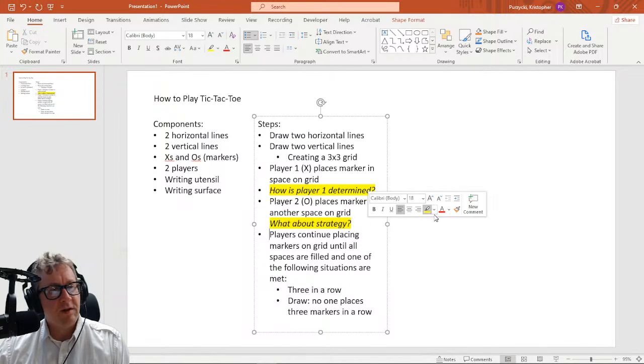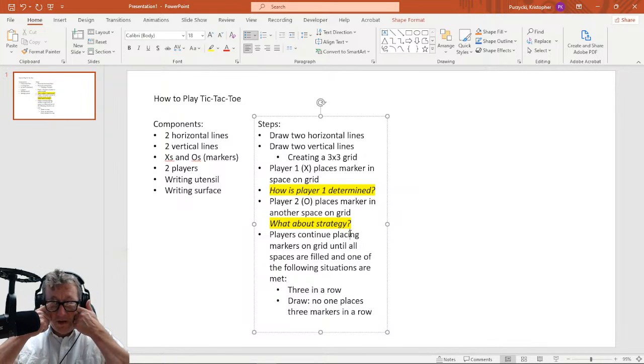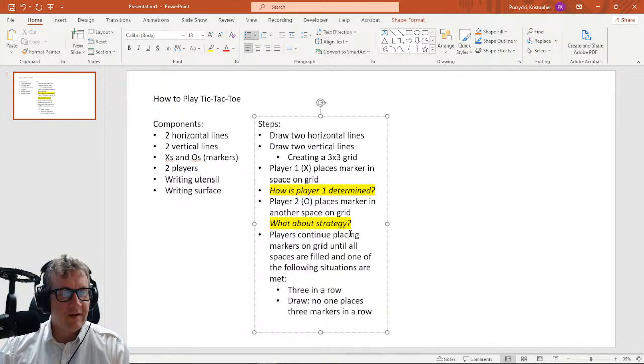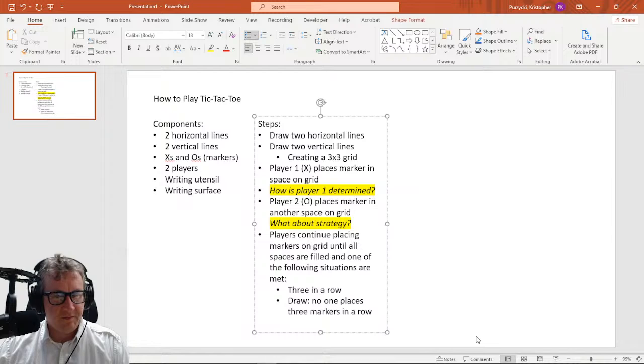For example, some of y'all heathens like to place the first player's X somewhere in the middle. The common space to place your first marker would be the center square. One of my favorites is always one of the corners.